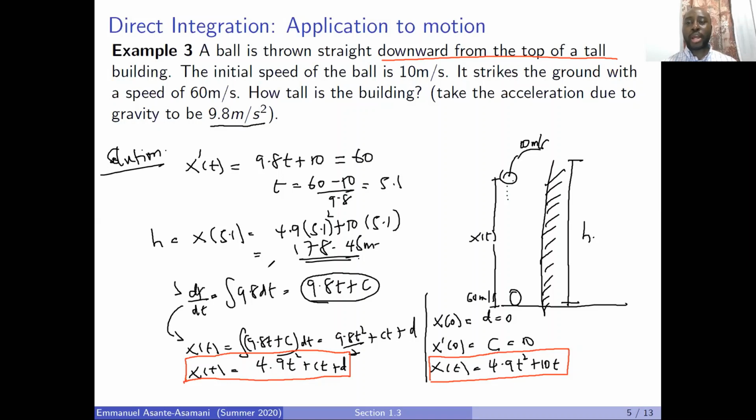Okay, and then we've gone ahead to make predictions using this position function. This is the whole cycle of mathematical modeling in this example right here. All right, and this is what happens in practice every day with people who are into mathematical modeling. Okay. All right, good.